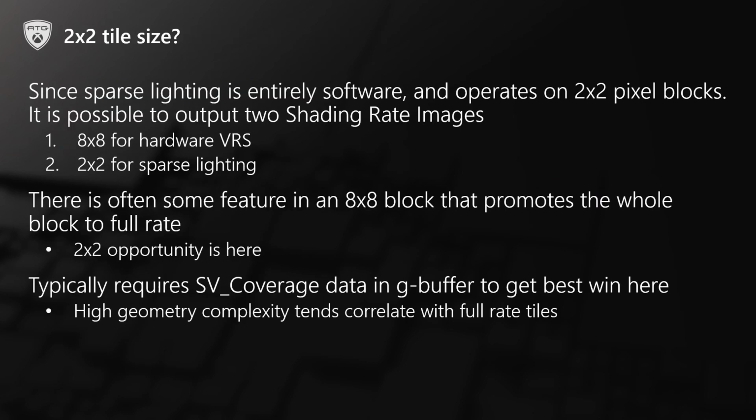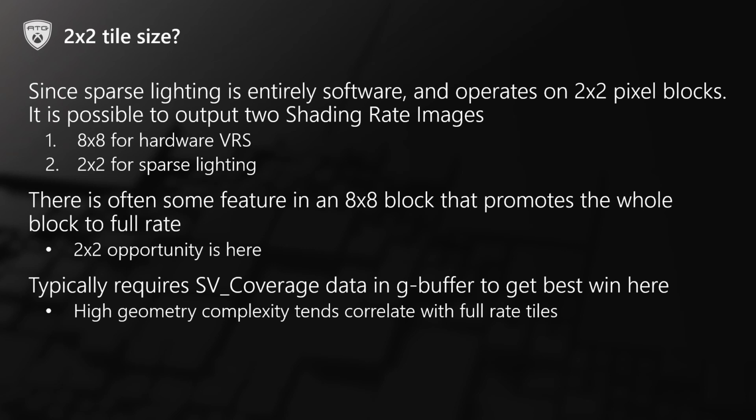So as I mentioned briefly, the tile size for Xbox Series consoles for VRS is 8x8. For PC, that's variable. You have to query it from the device. And up until now, I've been using that same 8x8 tile size for the shading rate image for sparse lighting. But there's actually no requirement to do that.